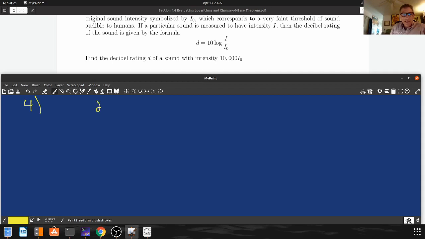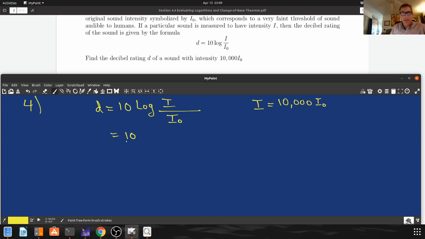We have D is equal to 10 log of I over I naught, and we're given that I is equal to 10,000 I naught.